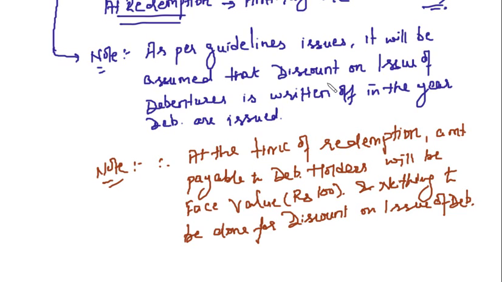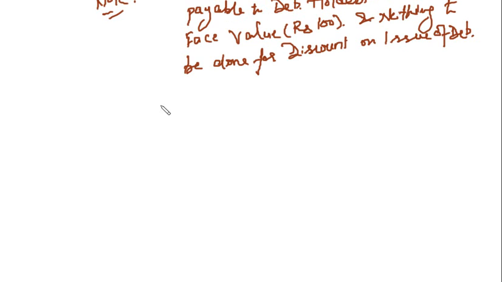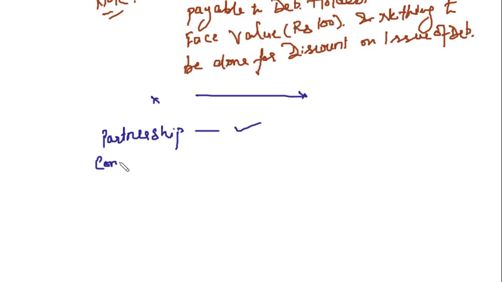So friends, with this, we come to the end of redemption of debentures also, and we have completed our book 2. Right? So we have completed book 1, we have completed book 2, we have completed partnership, then company accounts. We are done with partnership, we are done with company accounts also.